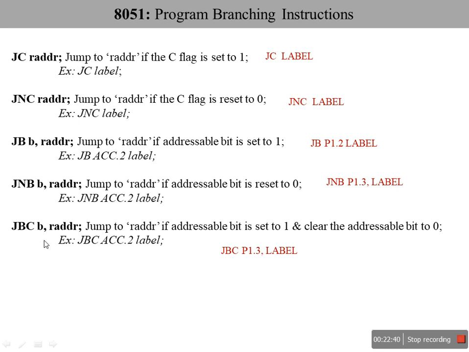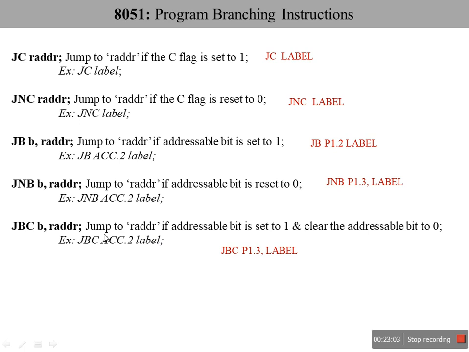JBC bit, relative address. Here a little change will be there with the destination. Jump to the relative address if the addressable bit is set to 1, and while jumping it clears the addressable bit to 0. For example, JBC ACC.2 label. What happens here?